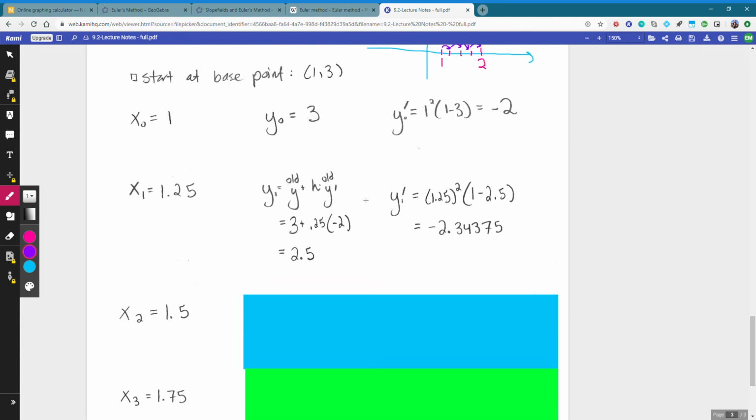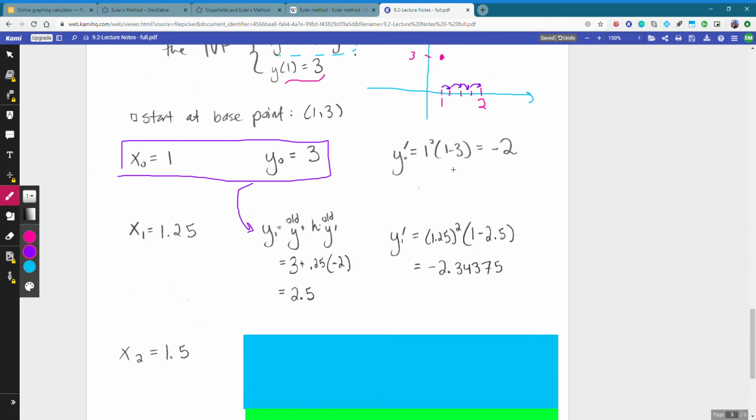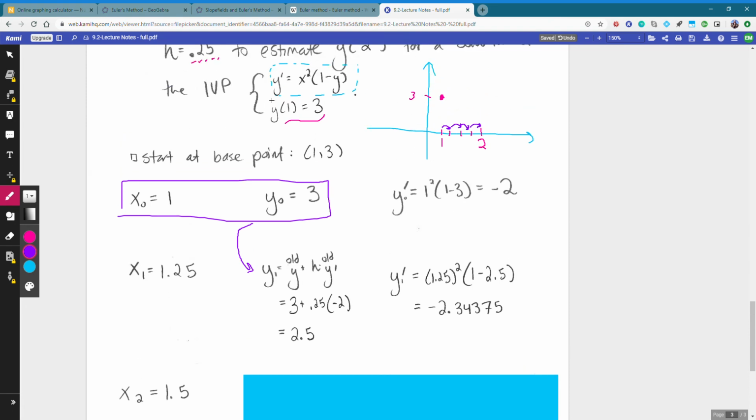All right, now to get from our starting point (1, 3) to our next y value, our formula uses the old y value and the slope at our old point. And so here we want to find y prime at our base point, and that just comes through our differential equation, which is right here: y prime equals x squared times (1 minus y).